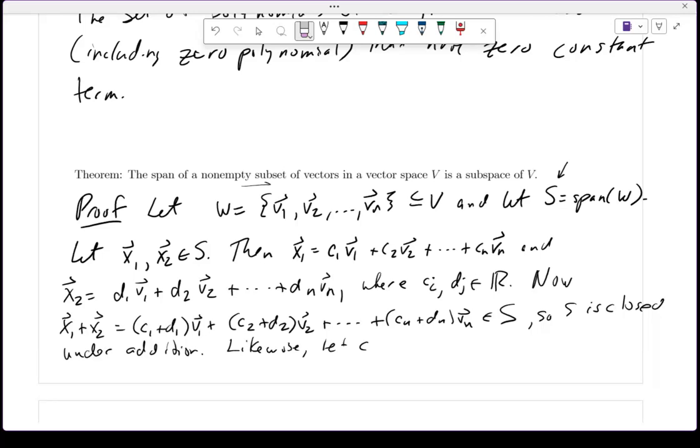Now take a, don't use a c. I'll use an m. I already have c's being used for something else. I also want to show that it's closed under scalar multiplication. If I take that scalar times the x1, what do you end up with?